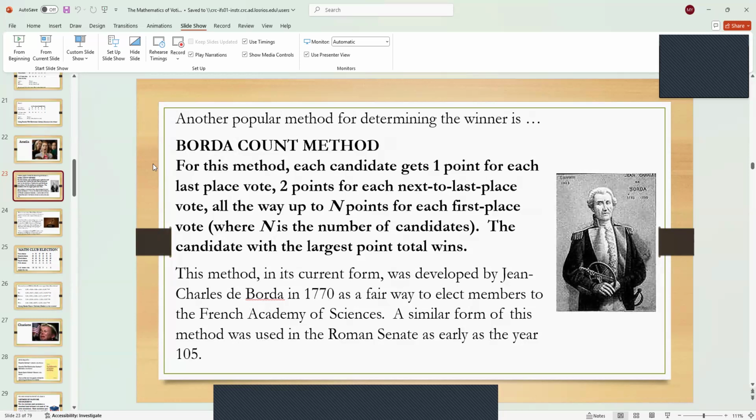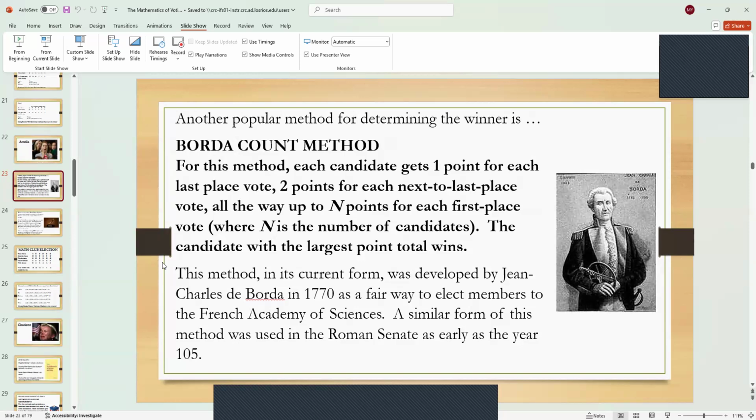If there were 10 candidates, they would get 10 points for a first place vote. But it's always 1 point for a last place vote, and then kind of work your way up. So the points you will get for a first place vote is always equal to the number of candidates. And at the end, the candidate with the largest point total is the winner.